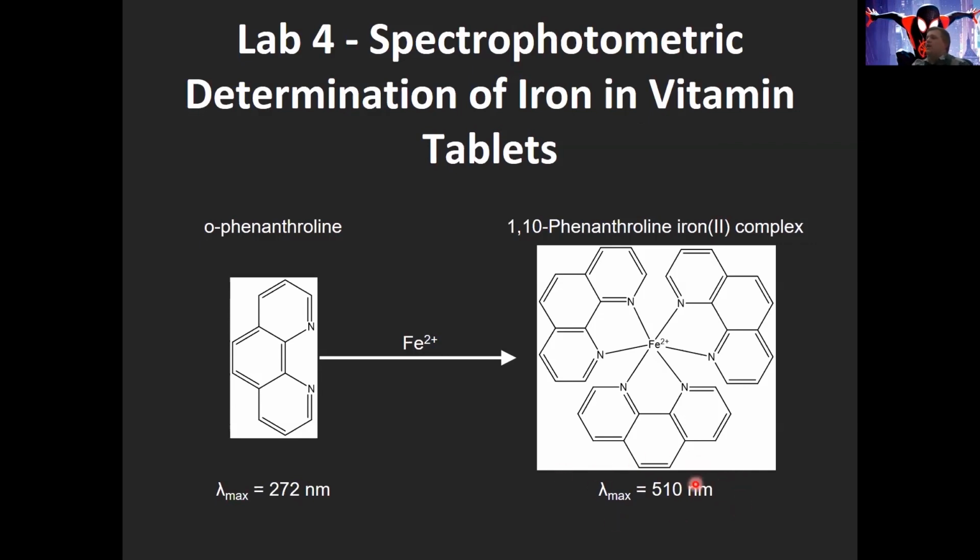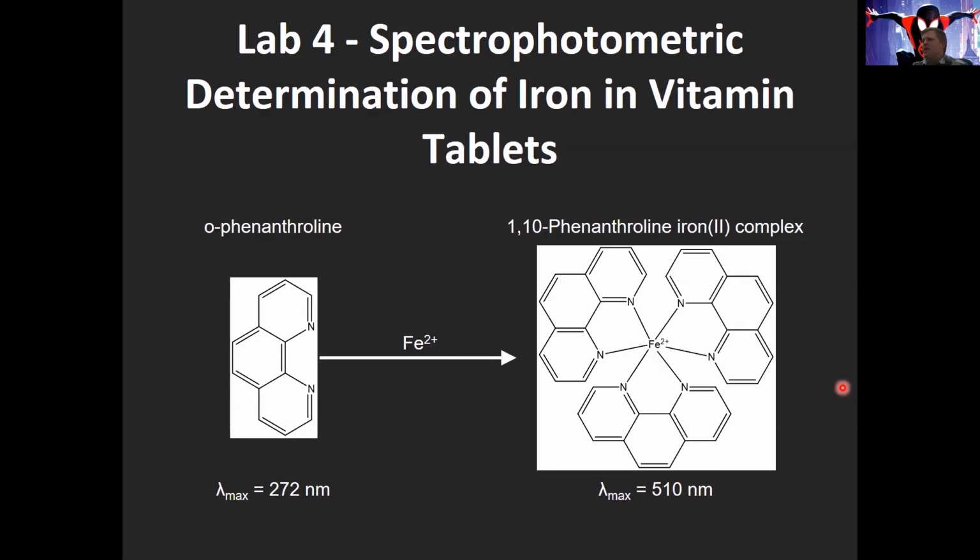We get a higher wavelength, and this guy then shows up at a wavelength of 510 nanometers in our absorption spectrum. We'll talk a little bit more, of course, about UV and visible light absorption and emission spectroscopy later, but this is going here because it's associated with chelation.